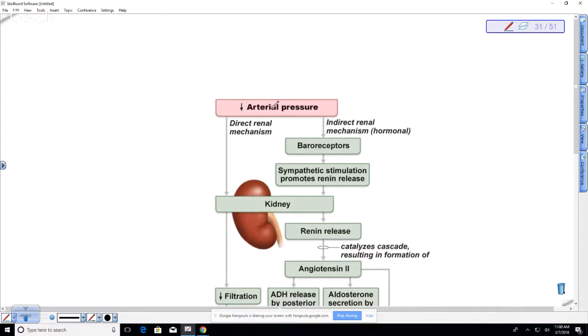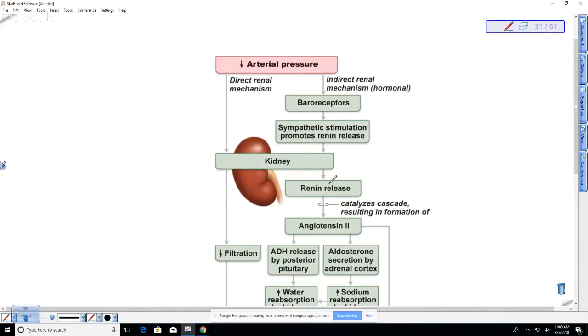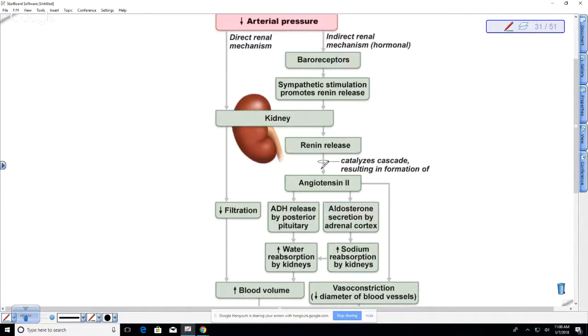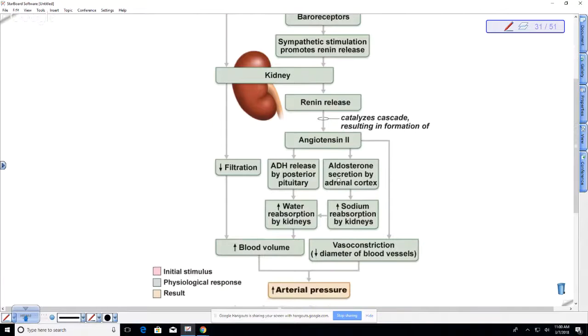So we have a decrease in arterial pressure. The kidney releases renin. It then ultimately catalyzes a chemical reaction that produces the angiotensin, which then causes the aldosterone to be secreted, which then causes an increase in sodium reabsorption.